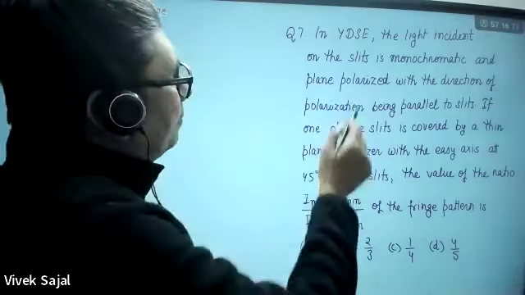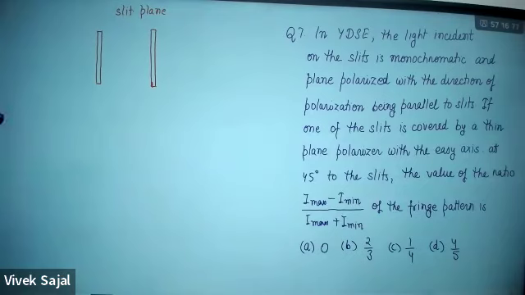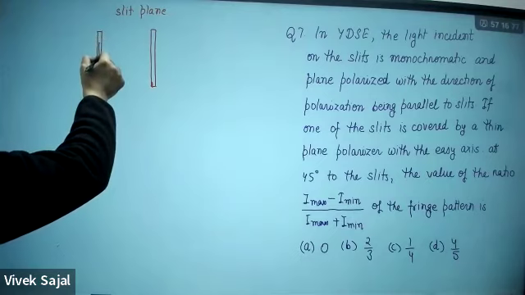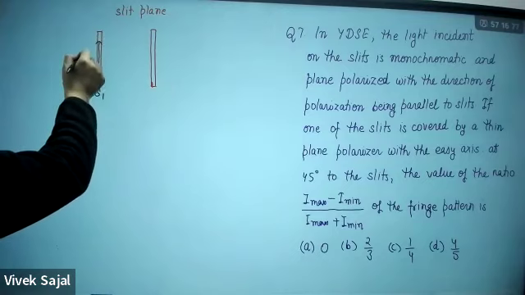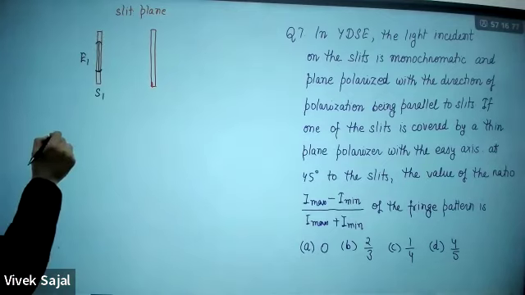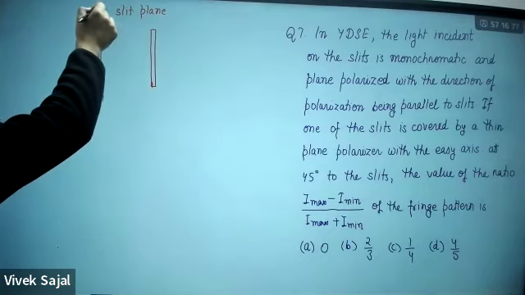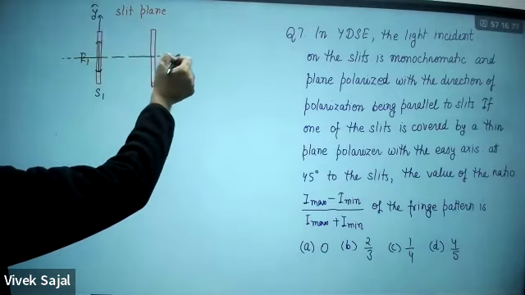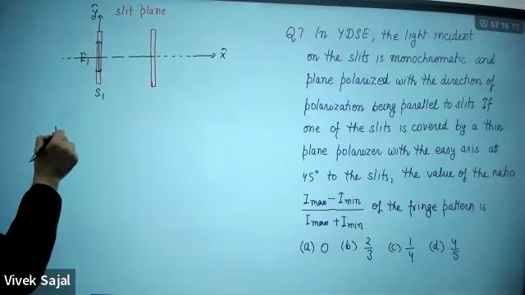Now, the light is monochromatic and plane polarized with the direction of polarization being parallel to the slit. So try to understand, when light is emerging from here, this is the electric field vector. This is S1 and you can say this is E1. Okay? I'm saying this direction is Y cap, and this direction is X cap. So how can you write this electric vector?